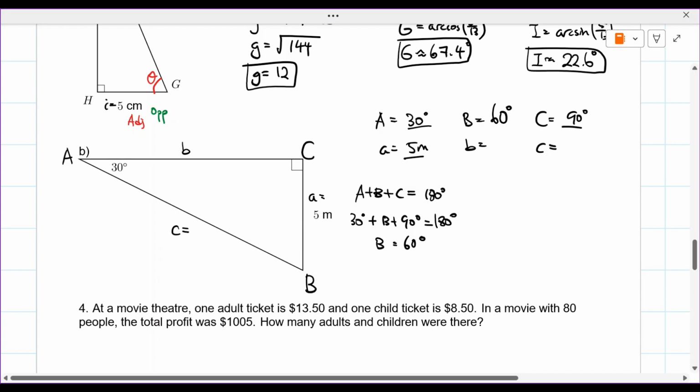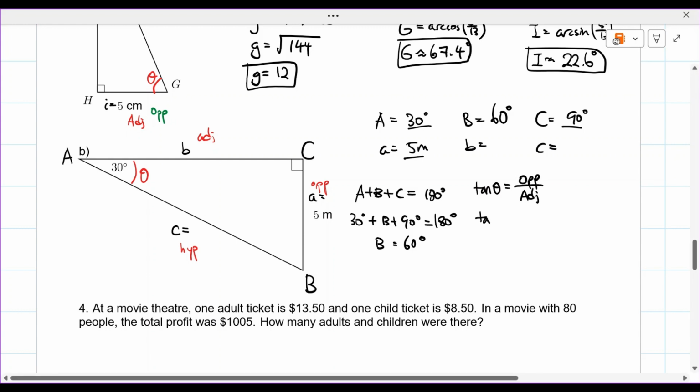Now let's find the side b. From the perspective of the angle A, the adjacent side is the side b, the opposite side is the side a, and the hypotenuse is the side c. So in order to find the side b, I need to use the angle A with the adjacent and opposite sides. The one that suits this is the tangent ratio, knowing that tangent theta is equal to opposite over adjacent.